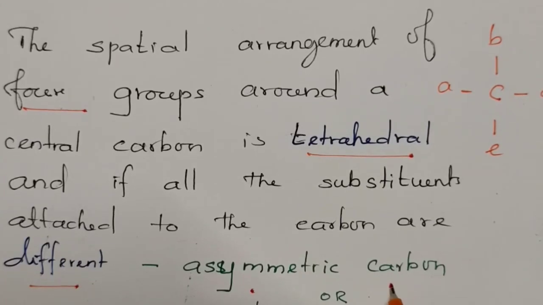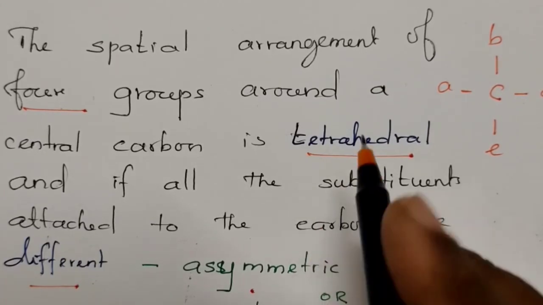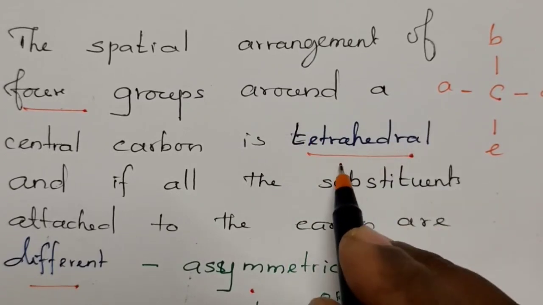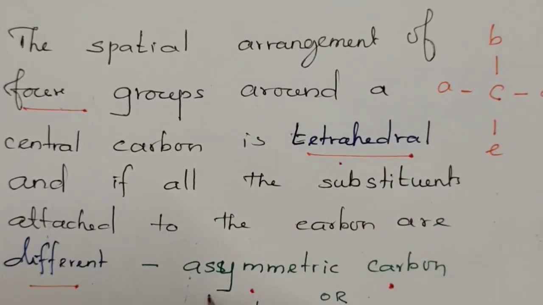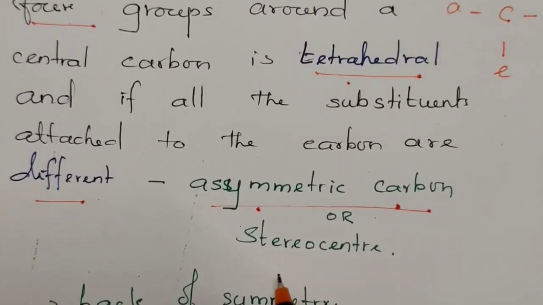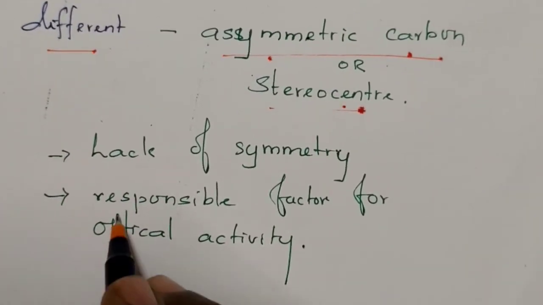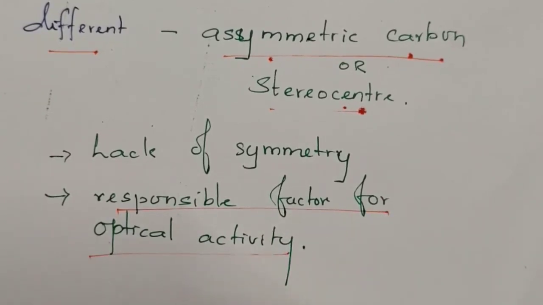What do you mean by asymmetric carbon? If the four groups attached to a central carbon are tetrahedral and different, then it is called asymmetric carbon. This asymmetric carbon is otherwise called a stereocenter. This stereocenter, or asymmetric carbon, is the responsible factor for optical activity.